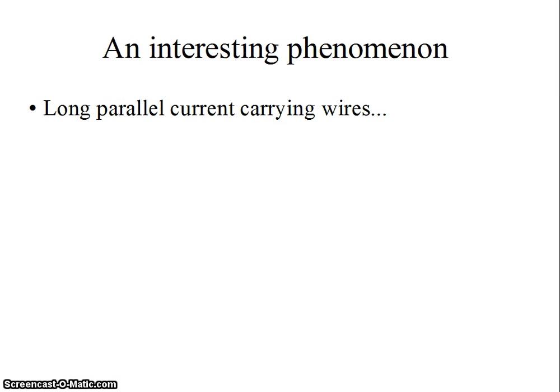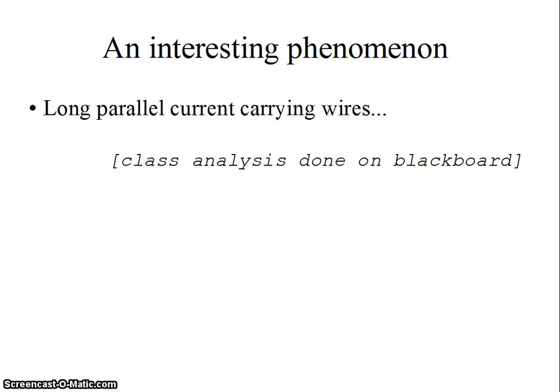So, the long parallel current carrying wires, infinitely long in the ideal case, realistically, very long. We did this together on the blackboard, and by that I mean the real physical blackboard in the classroom.